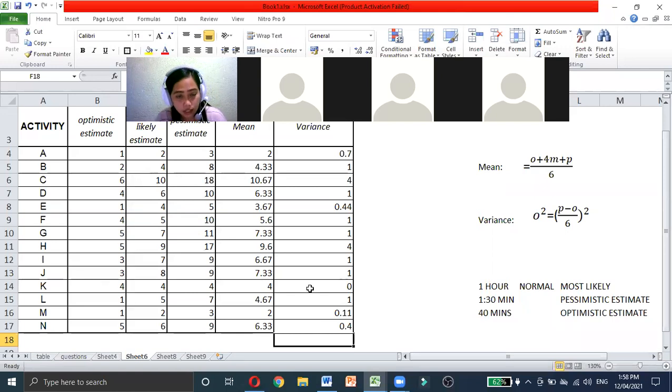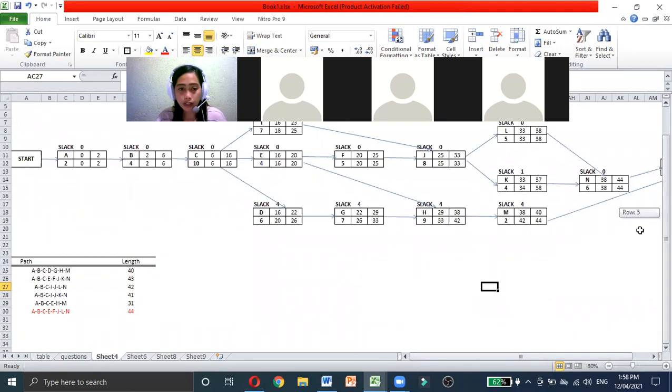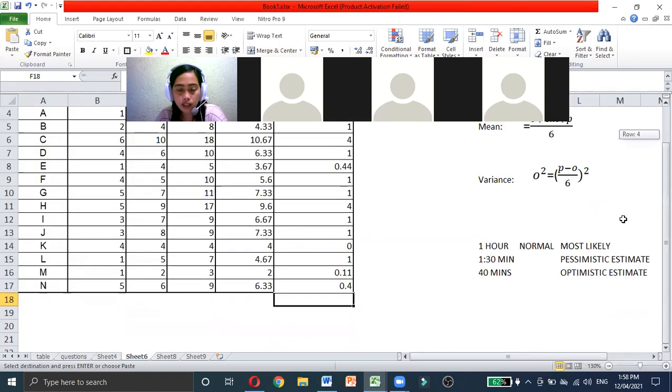the pessimistic estimates, the PERT three-estimates approach. And then now going back to the critical path, which is 44 weeks, or shall we say A, B, C, E, F, J, L, N. So we will use this path.